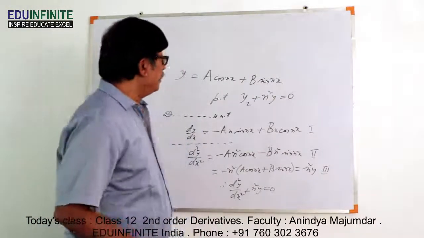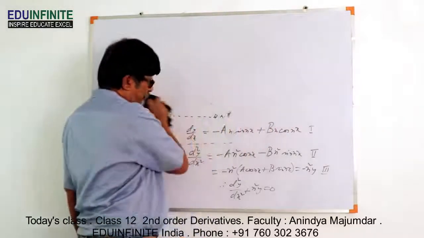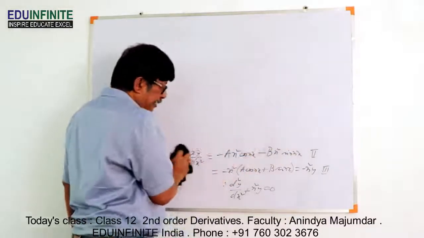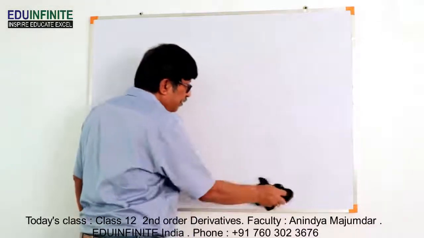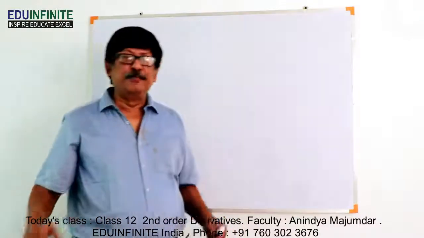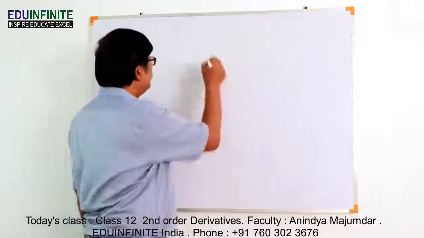Next sum, the first part of it, we proved in class, and it is considered a very, very important problem. There are many types of this problem, and I have discussed that also.